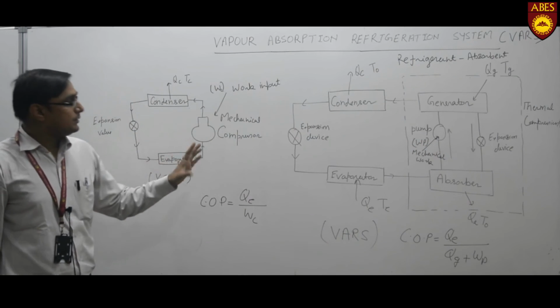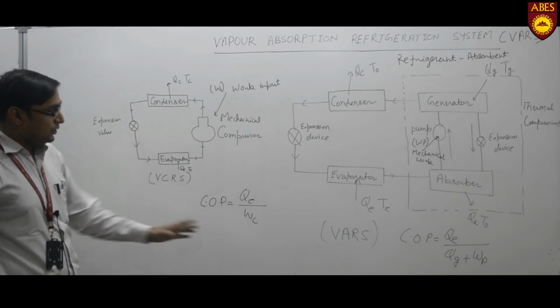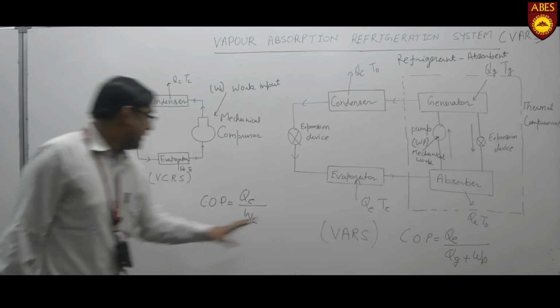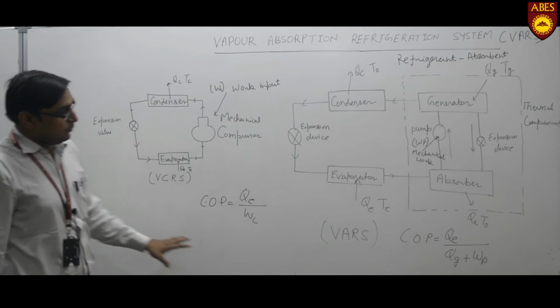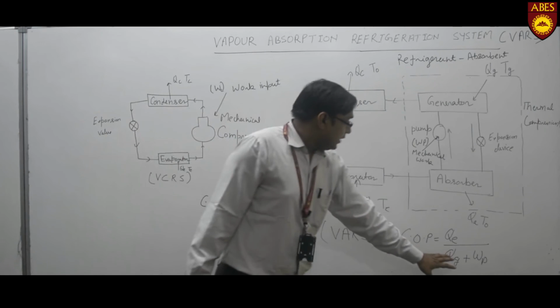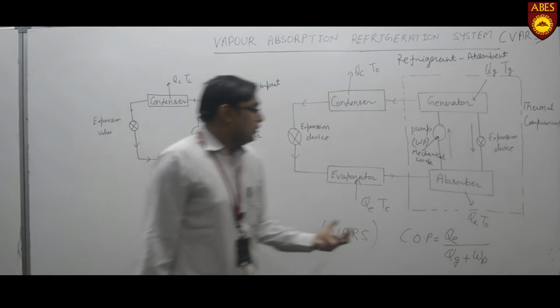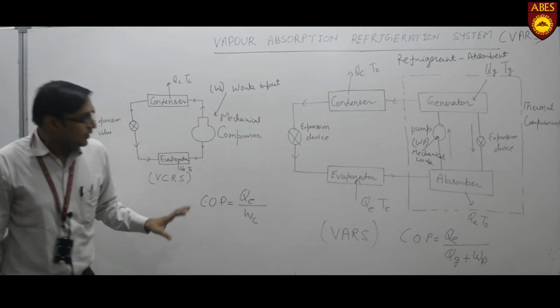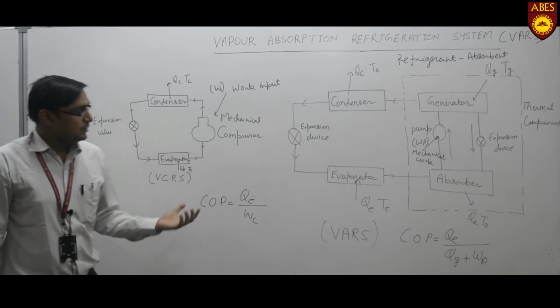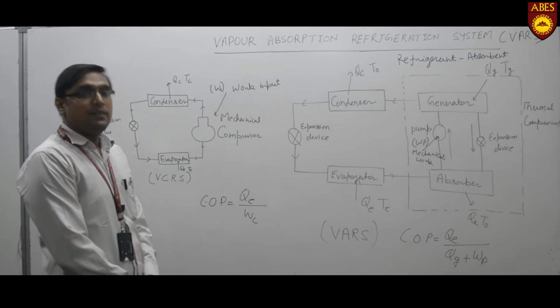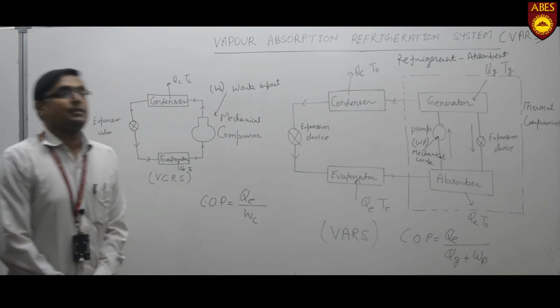If we compare the COP of both the systems, the COP of VARS system is less compared to VCRS system because we require a large amount of low grade thermal energy to produce the same amount of refrigeration compared to VCRS system. Hence the COP is less in case of VARS system.